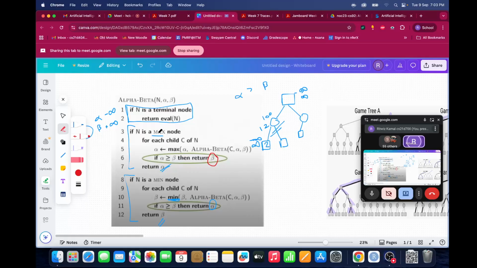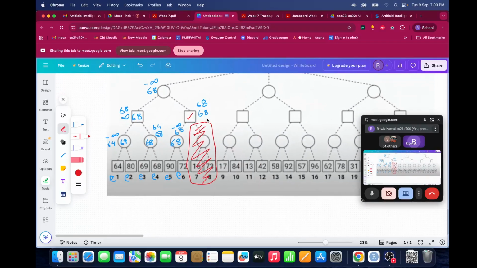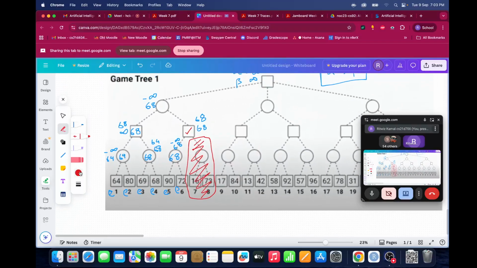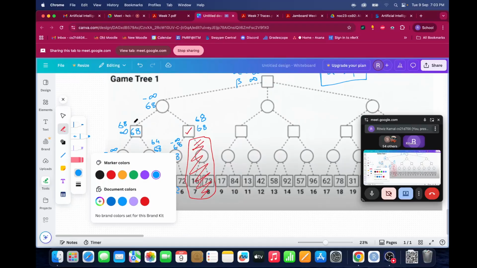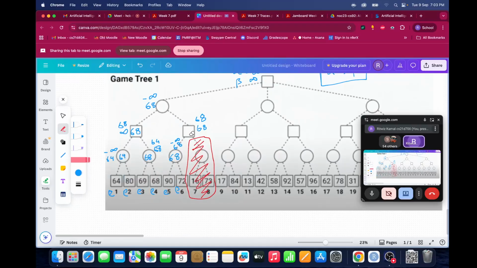Usually for a max node, the alpha value is returned, but just in the case of a cutoff, the beta value will be returned, and this is called a beta cutoff. So this will have a value of 68, which is the beta value, and this part of the subtree will be cut off.